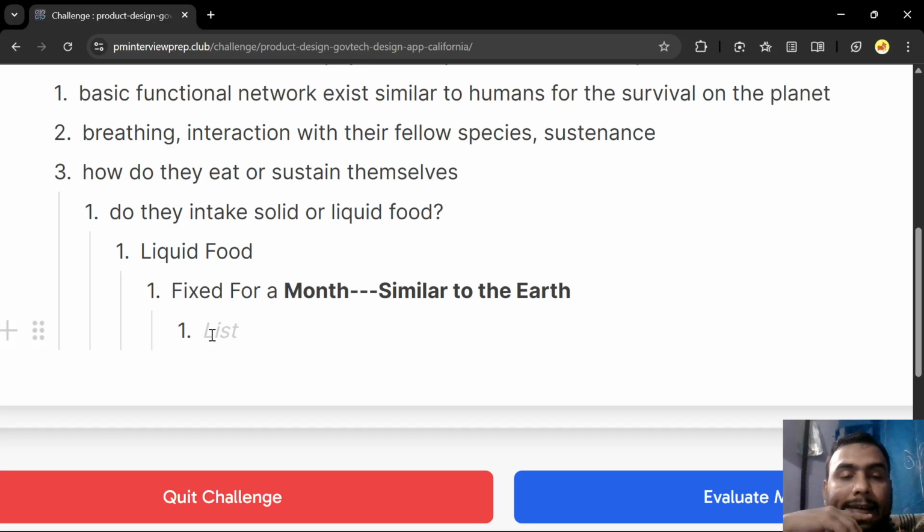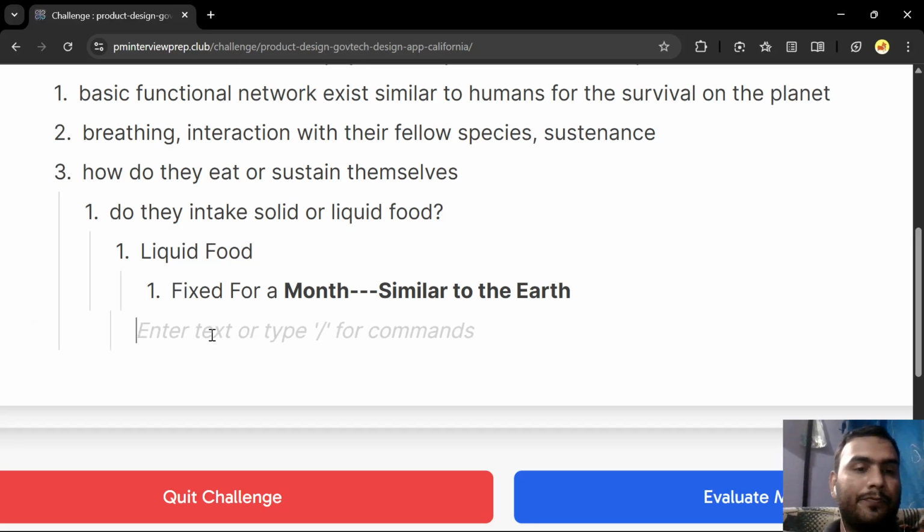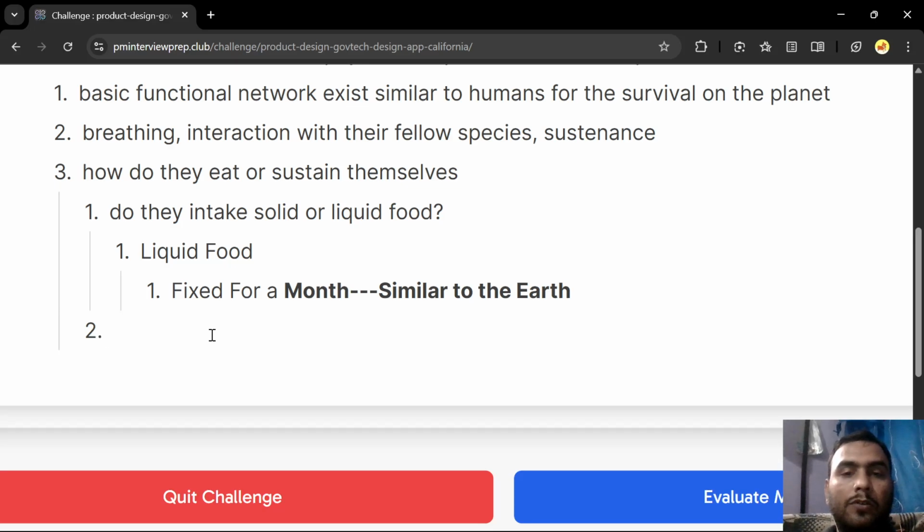Now, anything else that I can lay around liquid? No. Yes, that part is clear. They take solid or liquid food. And yes, the quantity part. What is the quantity?